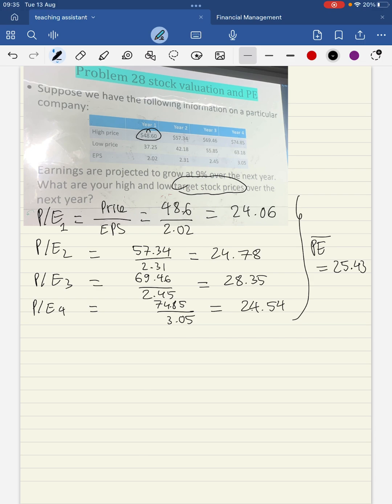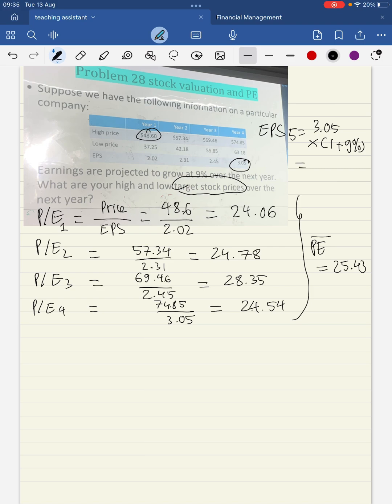And since the exercise said that the earnings are projected to grow at a 9% rate, and the last earning per share in year number 4 was 3.05, the earning per share potentially of year number 5 is equal to 3.05 times 1 plus 9%, which is the growth rate.